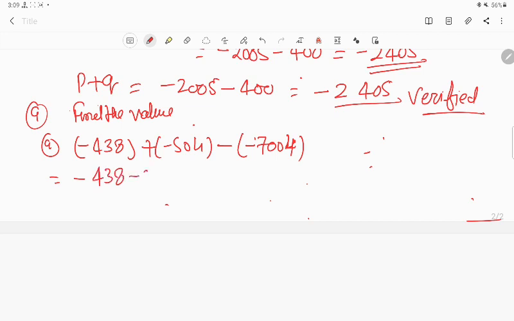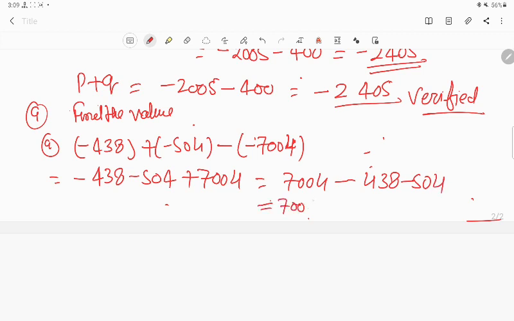438 minus 504 plus 7004, that is 7004, only one positive, minus 438 minus 504, that is 7004 minus 942.